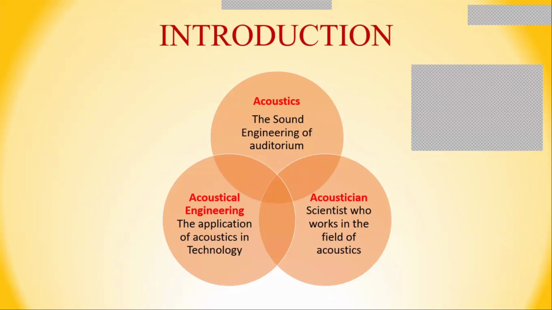Based on the percentage of absorbers, the reflecting surfaces will also be kept, and that will give you a good sound system. Sometimes, I don't know whether you people have experienced or not.